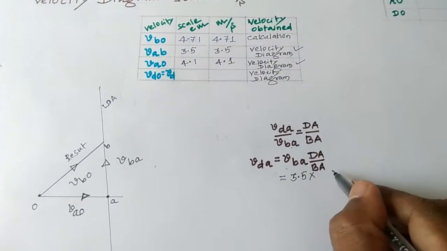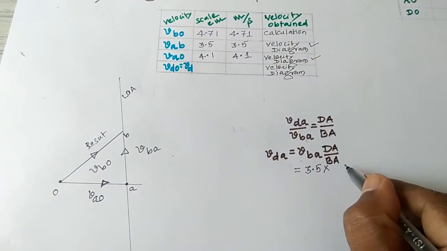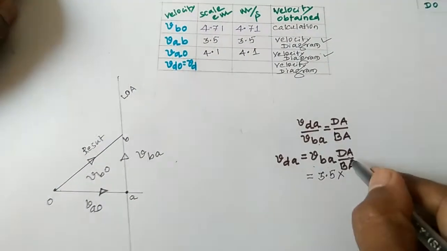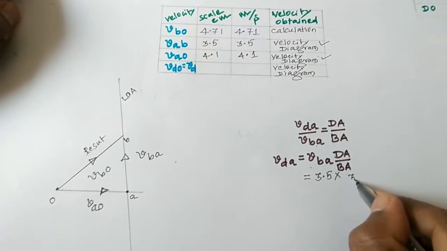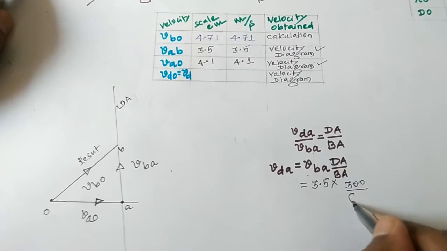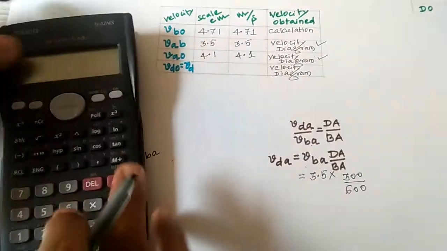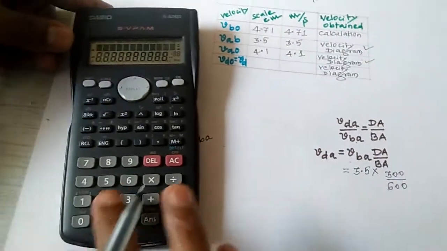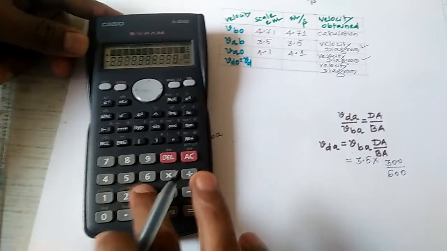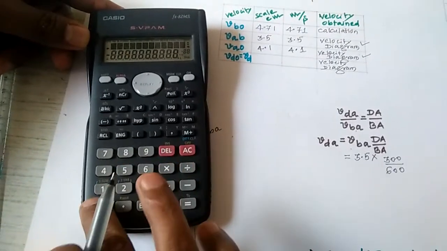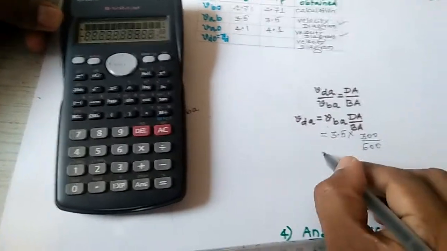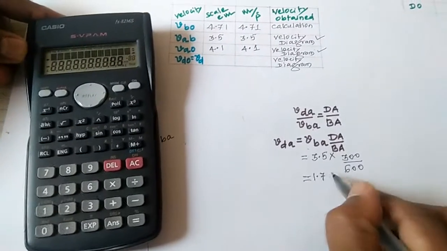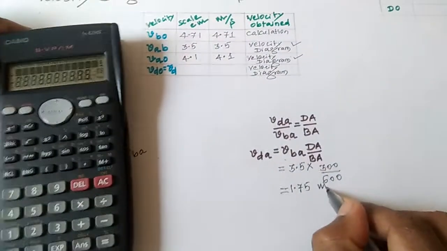The distance DA is 300, and BA comes as 600. So you multiply 3.5 into 300 divided by 600. It comes as 1.75 meter per second.